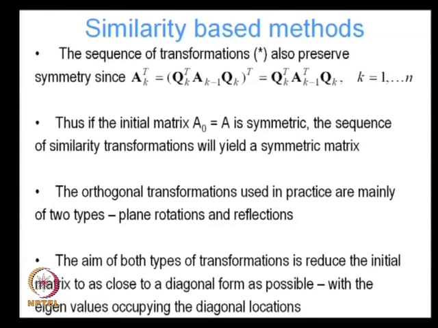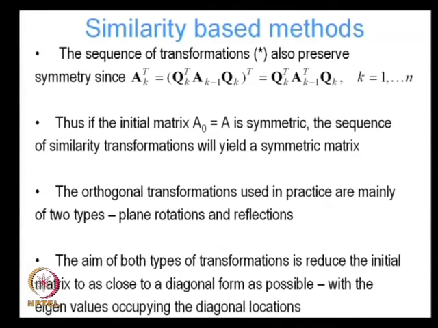Because we can show this: AK transpose is equal to QK transpose AK minus 1 QK transpose, which is equal to QK transpose AK minus 1 QK. Thus, if the initial matrix A0 is symmetric, the sequence of similarity transformations will yield a symmetric matrix. So as we do our transformation, if we start with a symmetric matrix, we are going to get symmetric matrices.